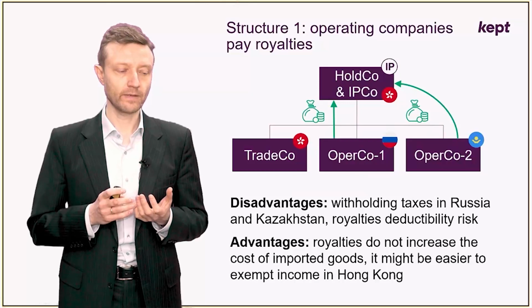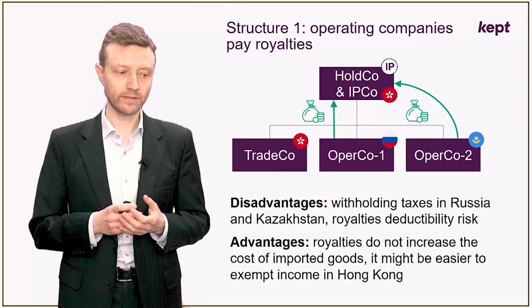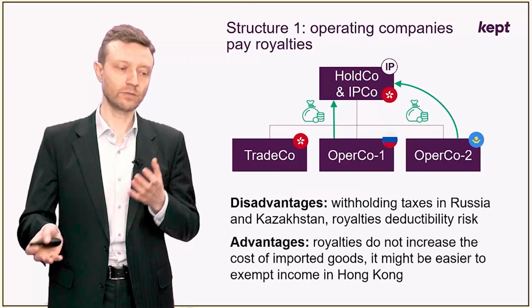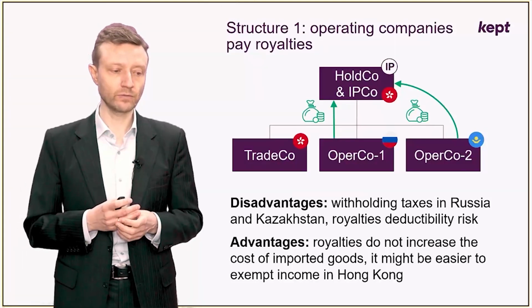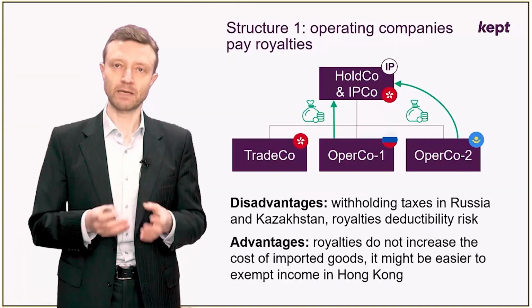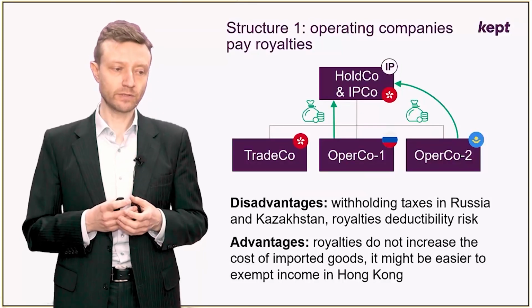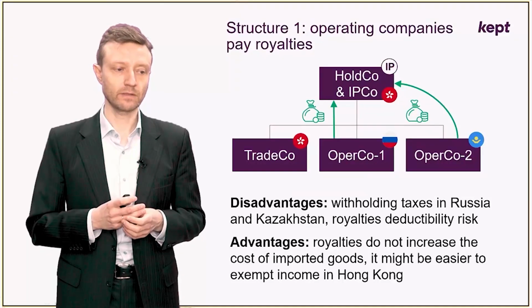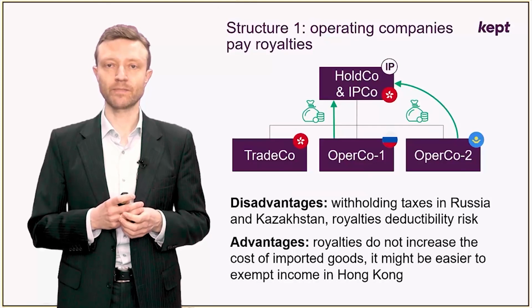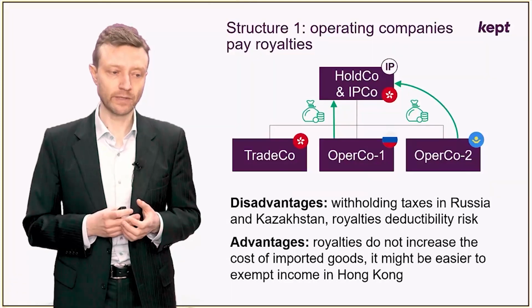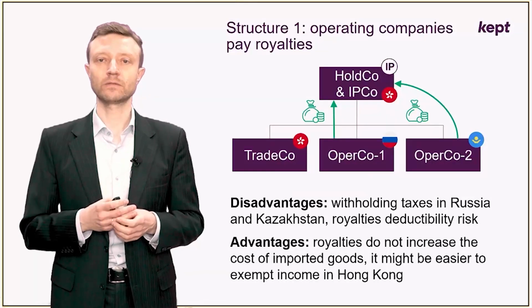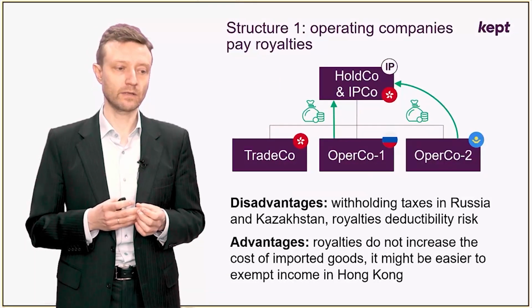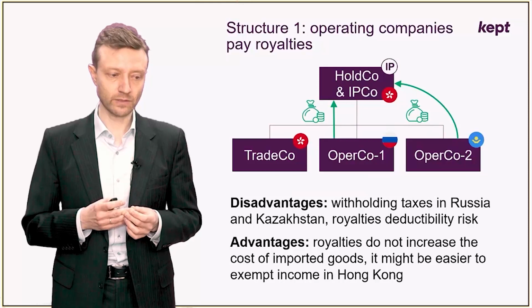But at the same time, there is an advantage of not including royalties into the price or into the cost of the imported goods, because customs duties are based in many cases on the transaction price. In which case, if it's increased, then the customs duties increase as well.